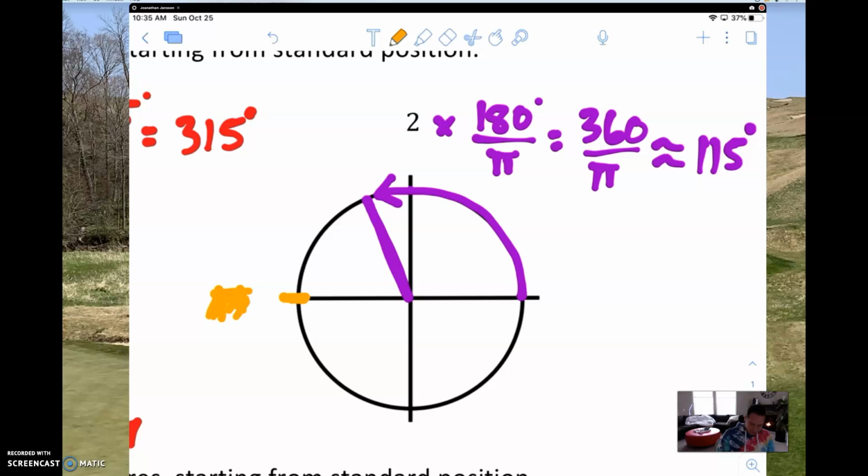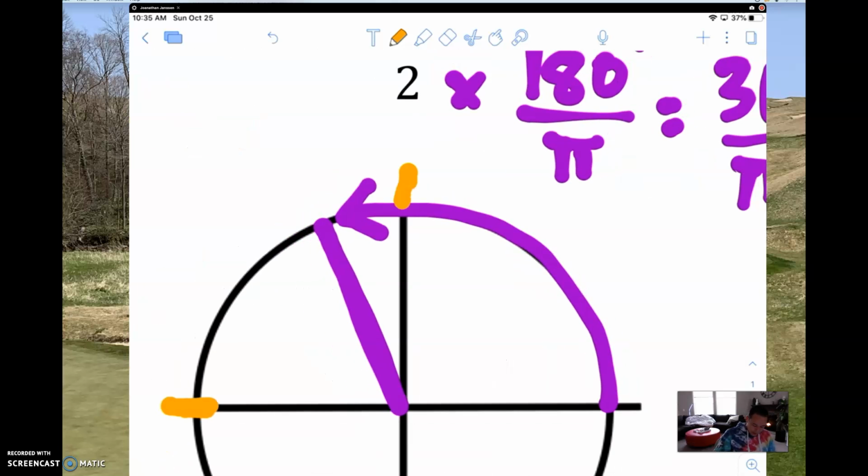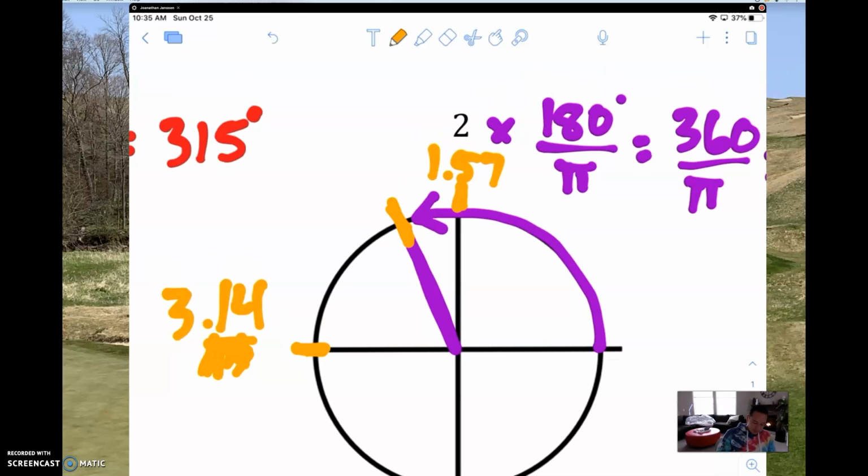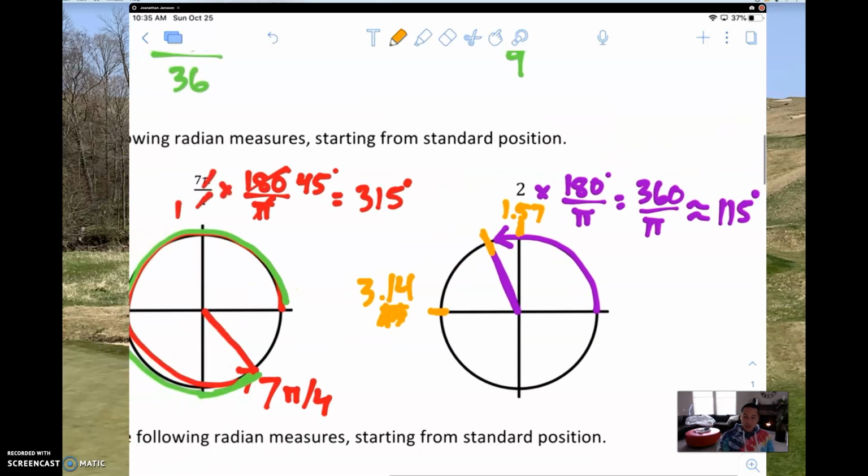So instead of pi, think of this as 3.14. If you were to cut 3.14 in half, 3.14 divided by 2, going up to here is approximately 1.57 radians. So that would make sense that this over here would be about 2 radians. Radians don't have to have a pi in it. They can be just normal numbers like that.